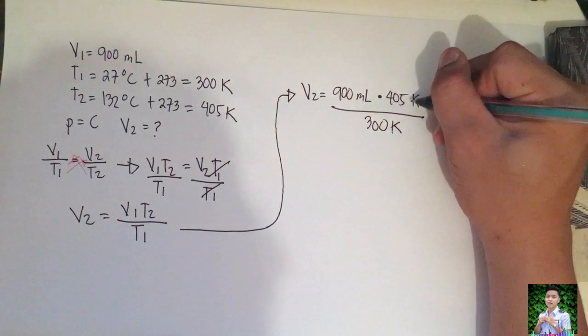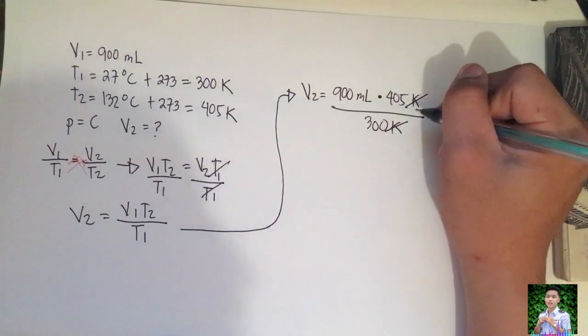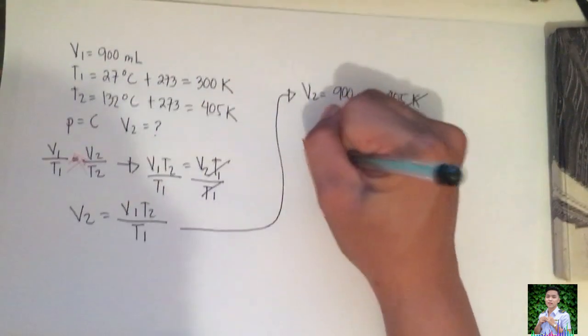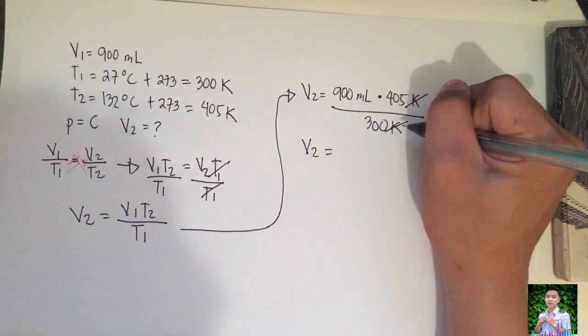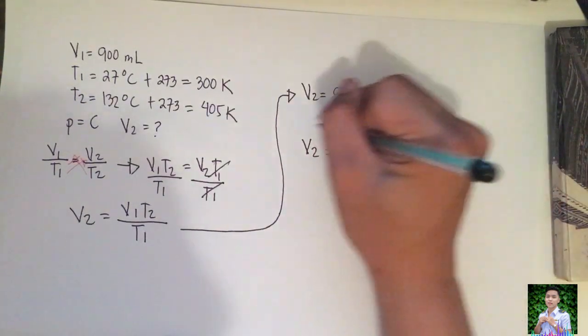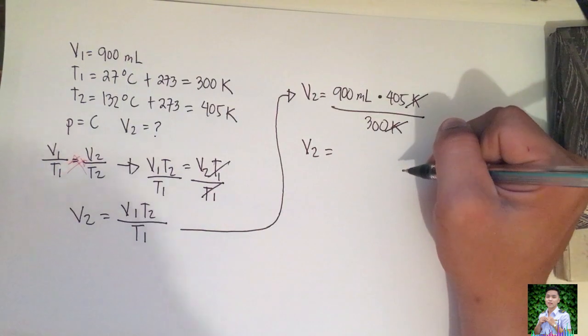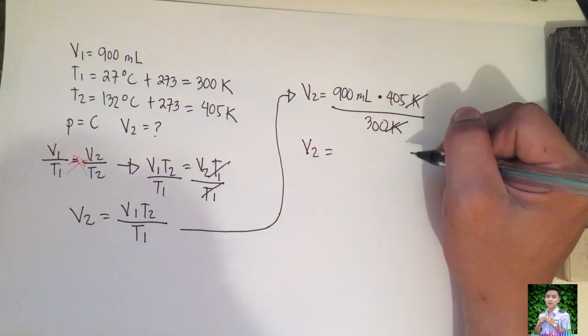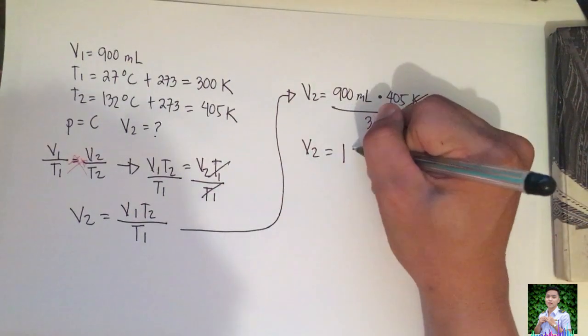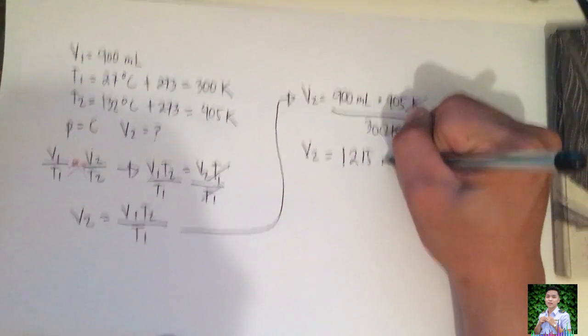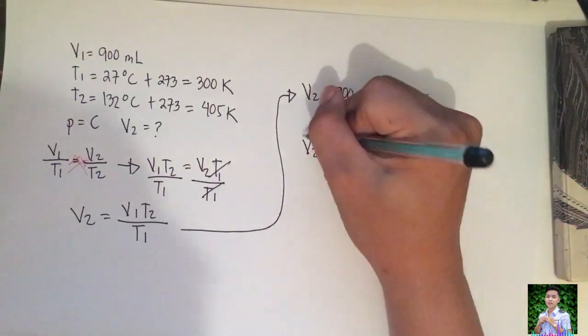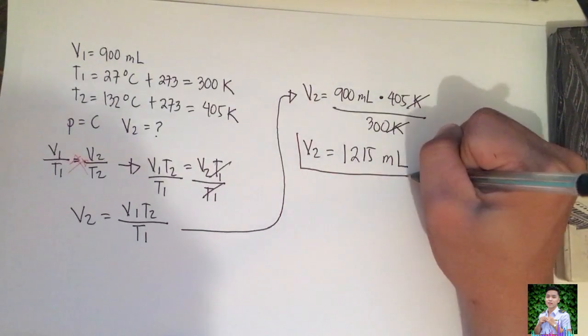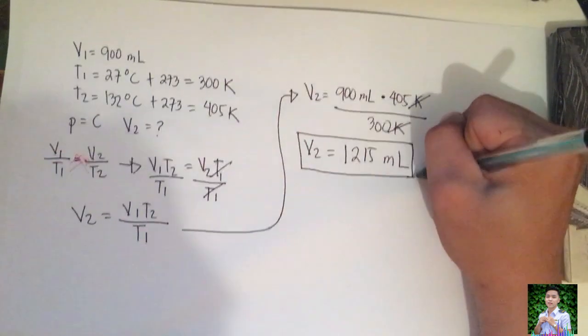Let us cancel both Kelvin and multiply 900 times 405 all over 300. And the answer would be 1,215 milliliters. That's it.